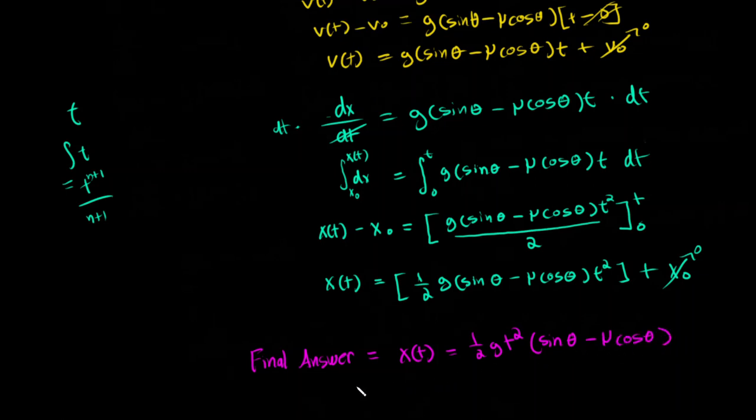And yeah, that's our final answer. What this gives us is the position as a function of time. We could find out how far something traveled in time t, because it is dependent on time t. So this is a function of t, and that's exactly what we just found.